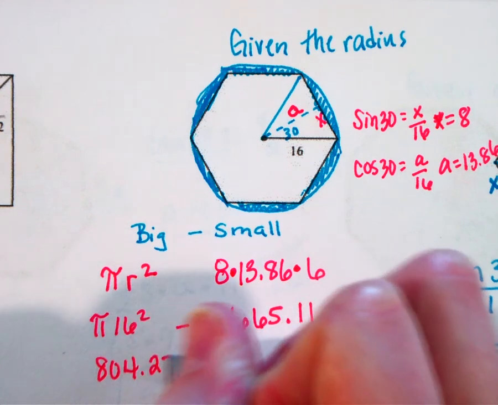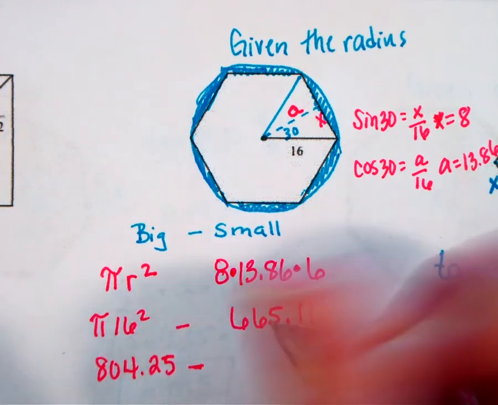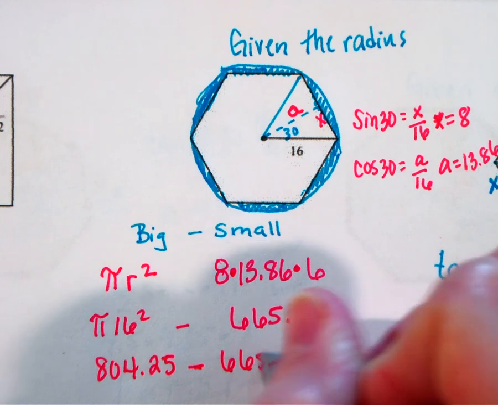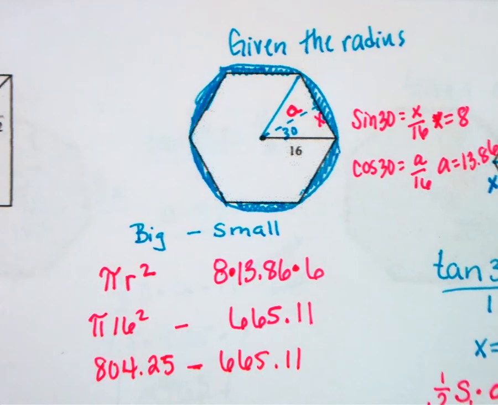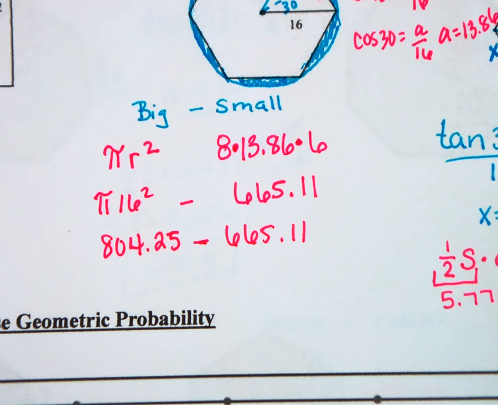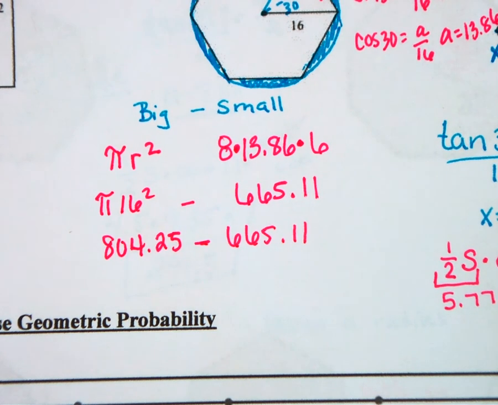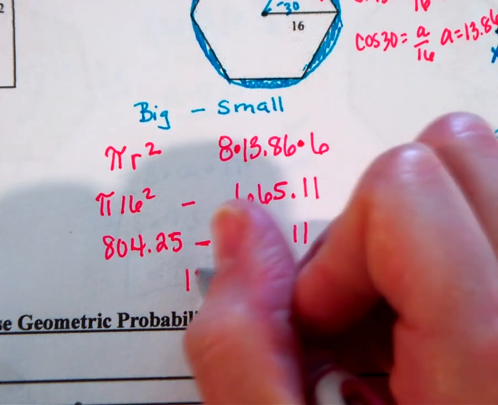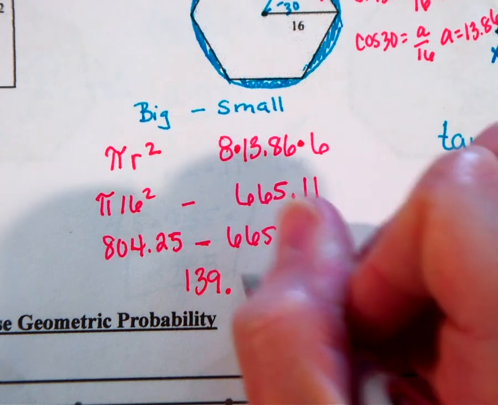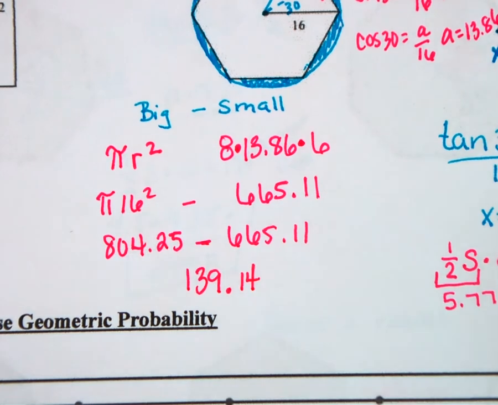So that's 804.25, and then I'll subtract 665.11. And again, I'm using the exact numbers from my calculator and pulling those down to get an answer, which is 139.14.